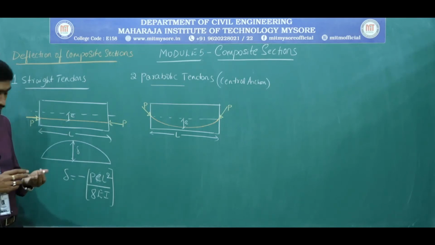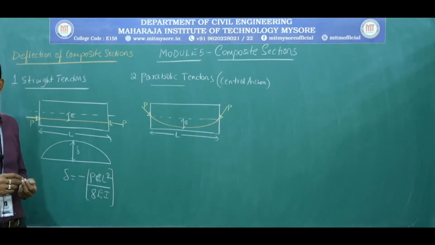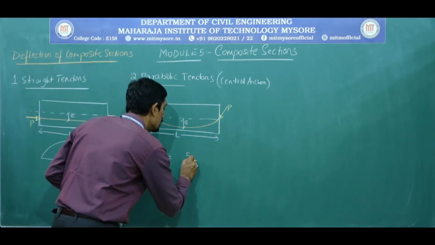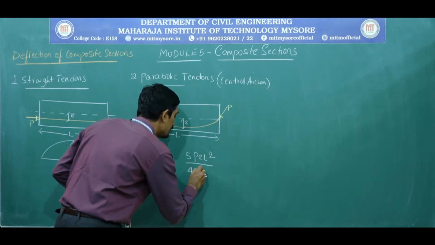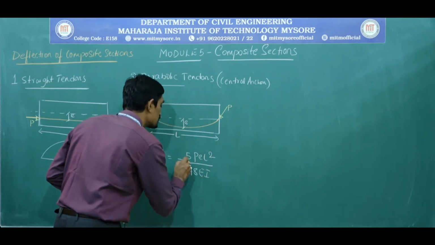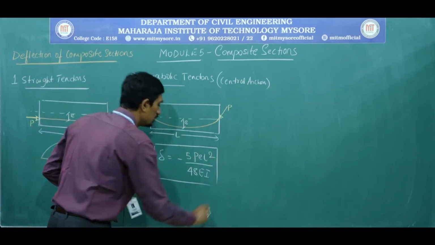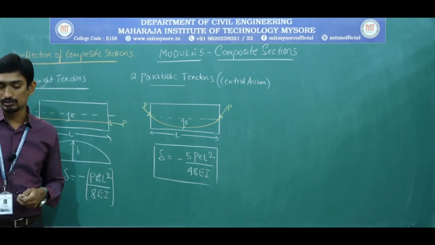So the formula for parabolic tendons, mainly with the central anchors, is delta equal to minus 5 PEL square divided by 48 EI. This is the formula for the deflection for parabolic with central anchors.